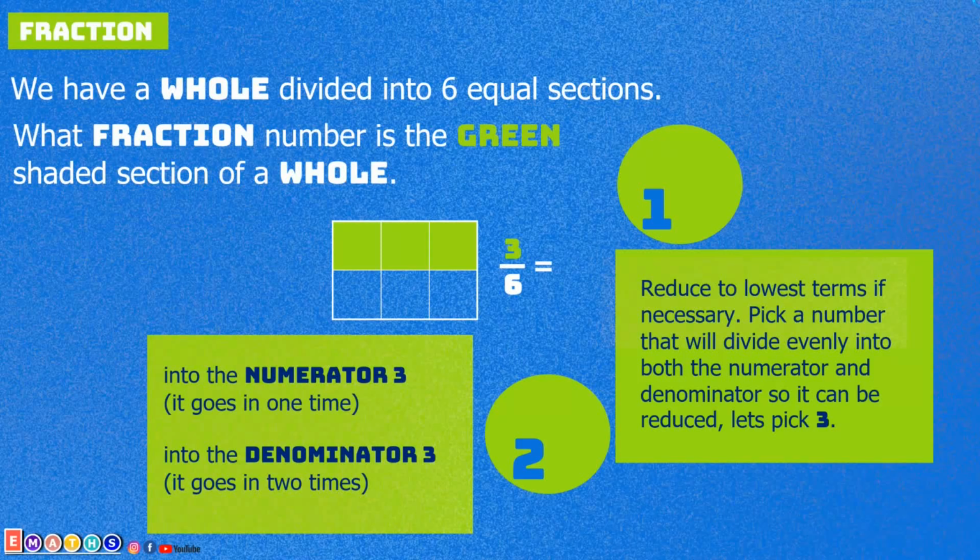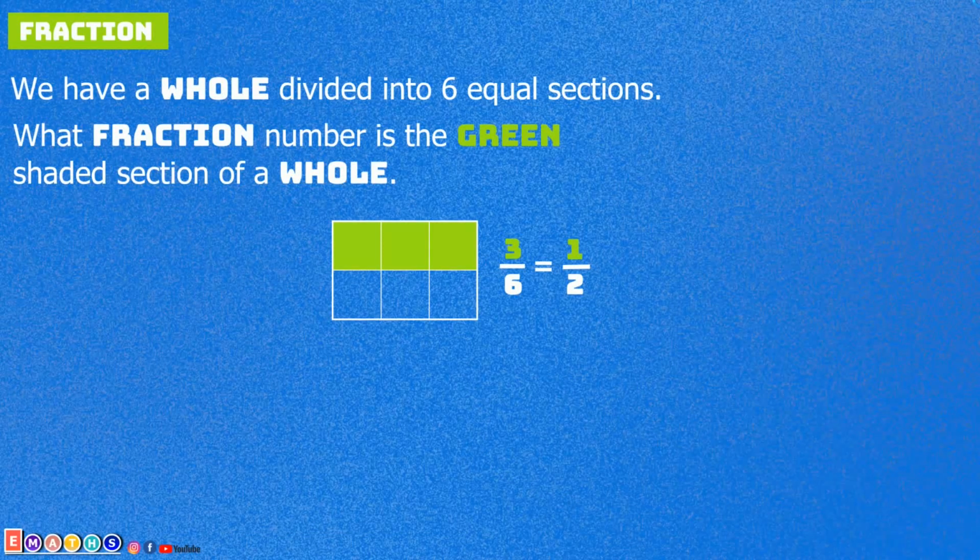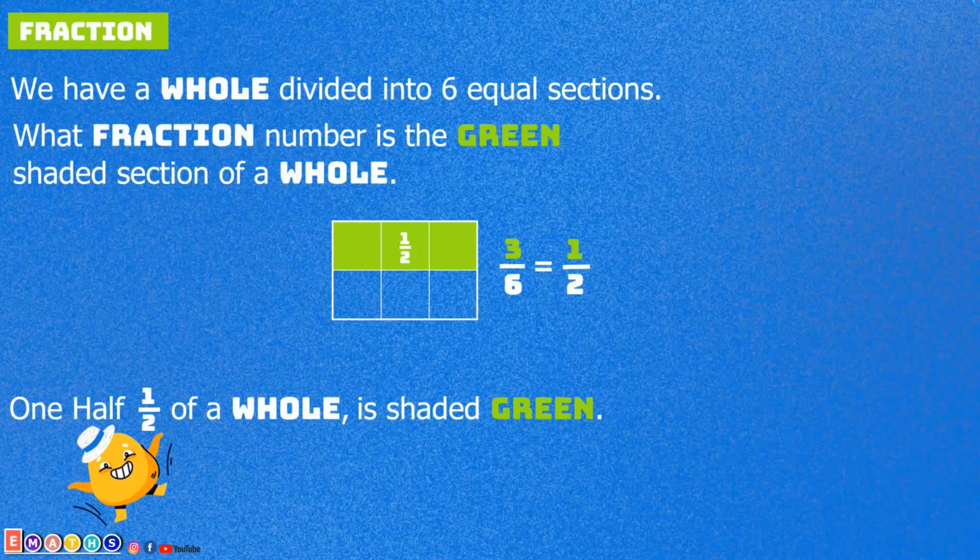Into the denominator, 3 goes in 2 times. 3/6 can be reduced to 1/2. One-half of a whole is shaded green.